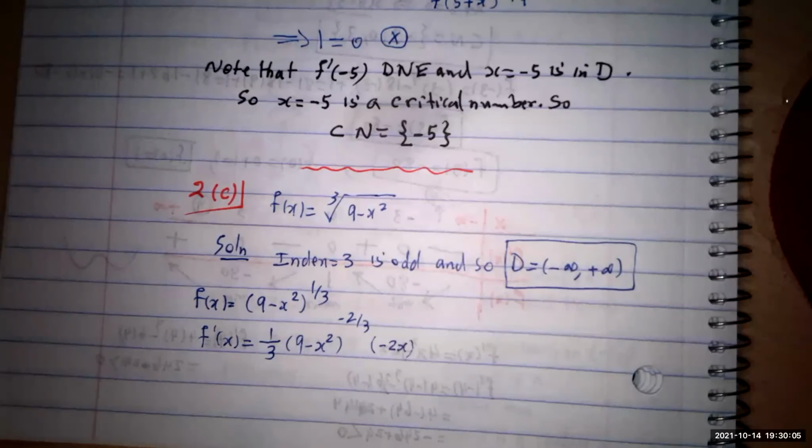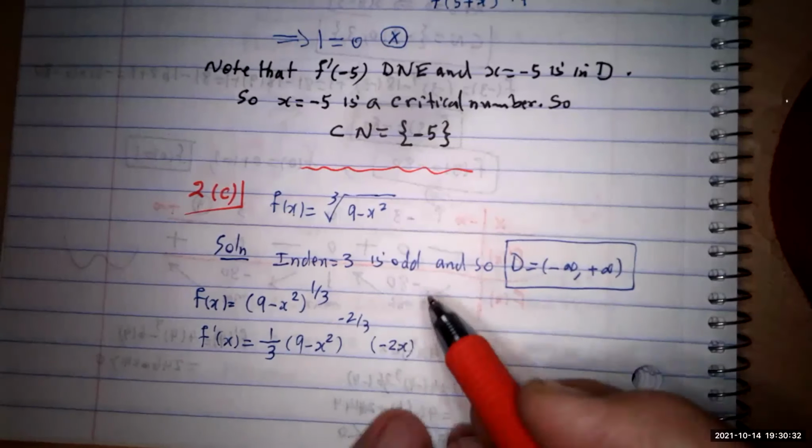For example, you used the notion of d/dx, and for this one somebody wrote 1/3 of the 9 minus x squared to -2/3 times the d/dx of 9 minus x squared, and then you go inside and write d/dx of the 9. I don't know how you picked this type of method. I never talked about it. Okay, so nice.